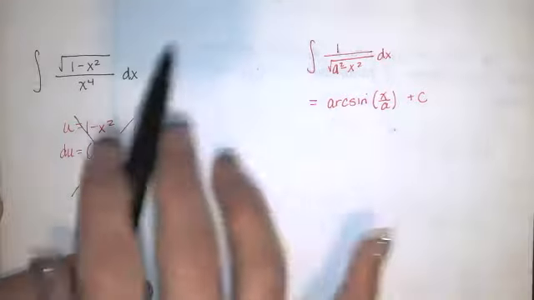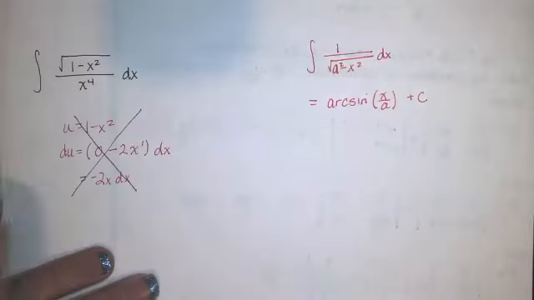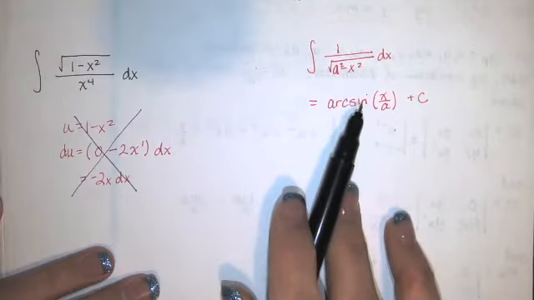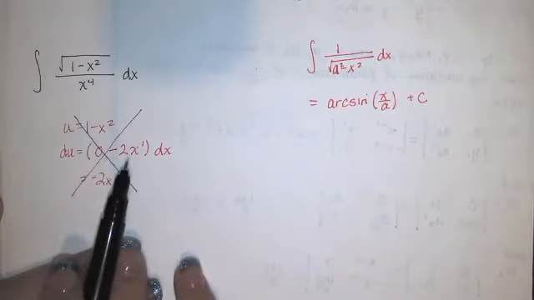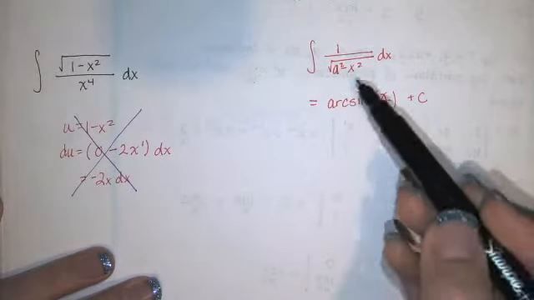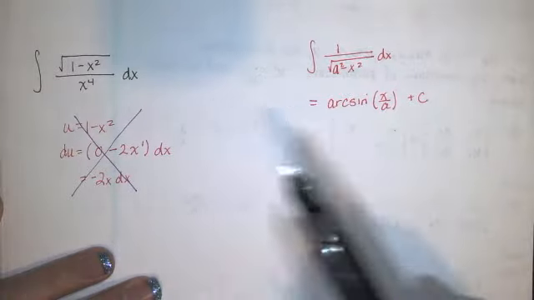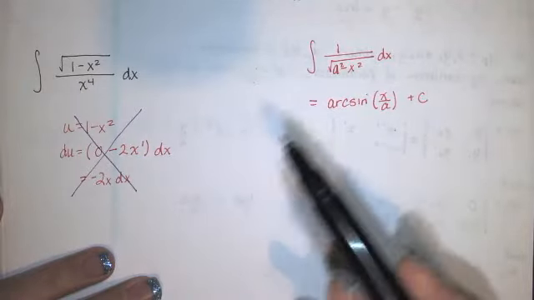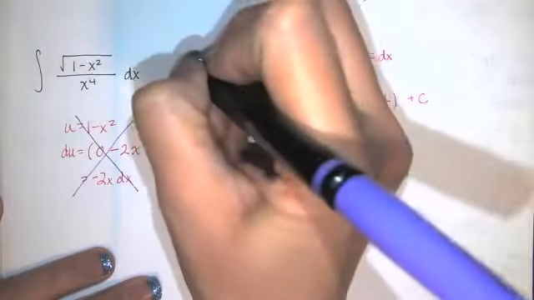But if I don't have something that looks exactly like this, and it's not an arc sine, and it's not a U substitution, then in the trigonometric integral section, we said if it looks like an arc sine, but it's not an arc sine, and it's not a U substitution, then we're going to make a sine substitution. So it looks like an arc sine, but it's not one, we make a sine substitution.